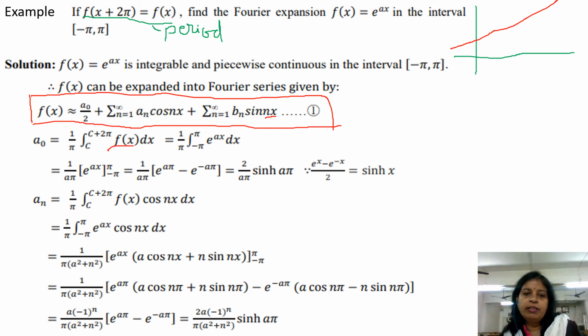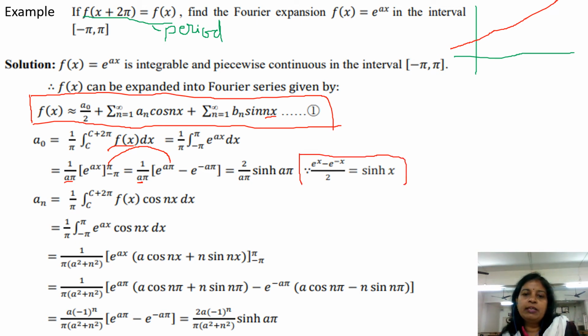We know that integration of e to the power of ax is e to the power of ax upon a. Therefore, this a will come here because of integration. Now we have to put upper limit and lower limit. Here I am putting upper limit in place of x, and now this is lower limit minus pi in place of x.